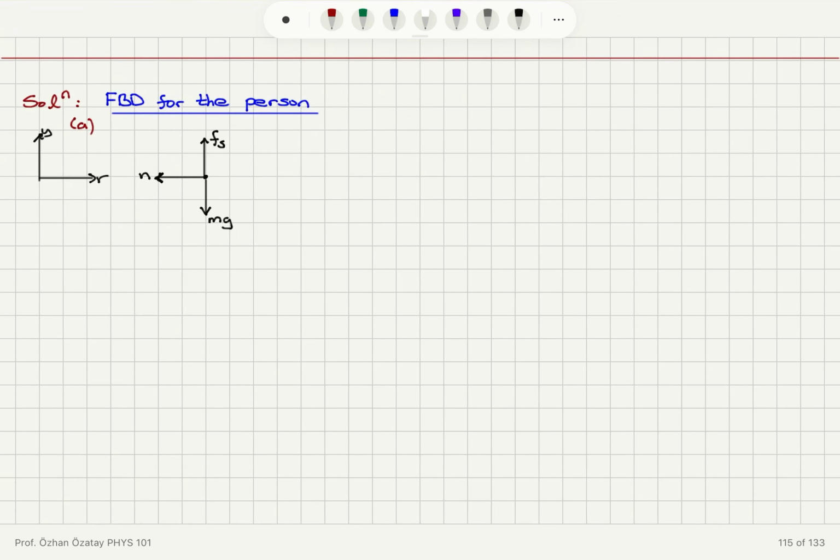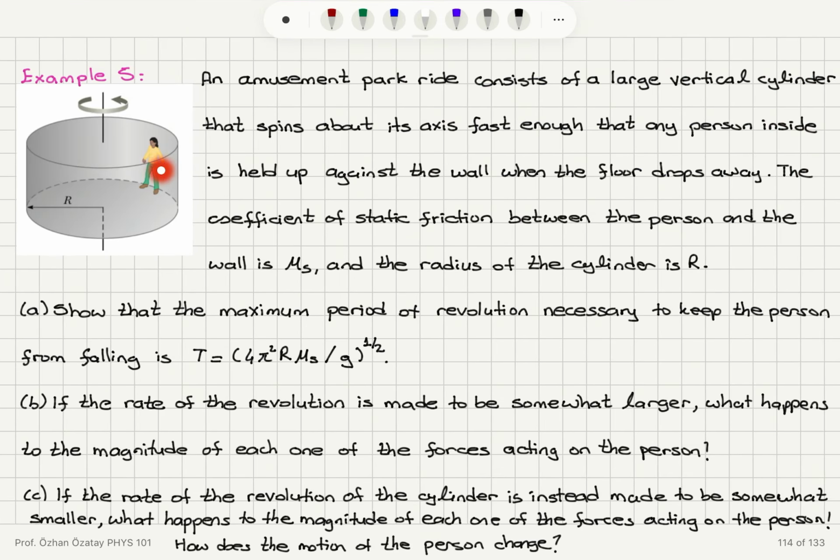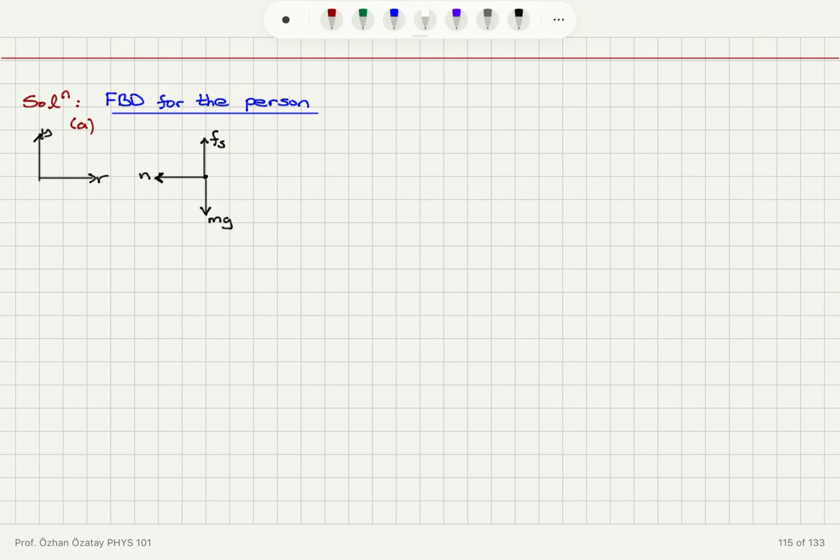Okay, so let's start with a free body diagram for the person. The person is held up against the wall due to friction, static friction. The weight of the person is pointing down, and the normal force is pointing radially inwards. So this is our y-axis, this is our radial axis.